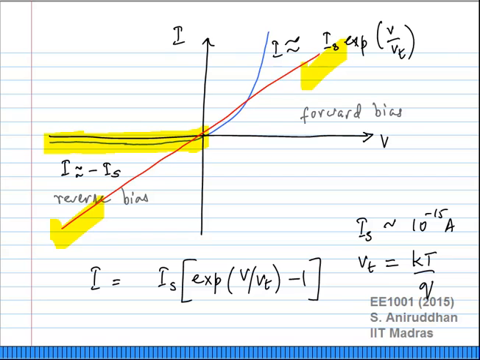If you pick values very large and positive, let us say V was very large. What do you mean by very large is actually fairly vague. So when I say very large, what I mean is much larger than Vt. Vt is the thermal voltage, which is kT by Q. If V is much larger than Vt, let us say 4 or 5 times, then this exponential term becomes much larger than 1.